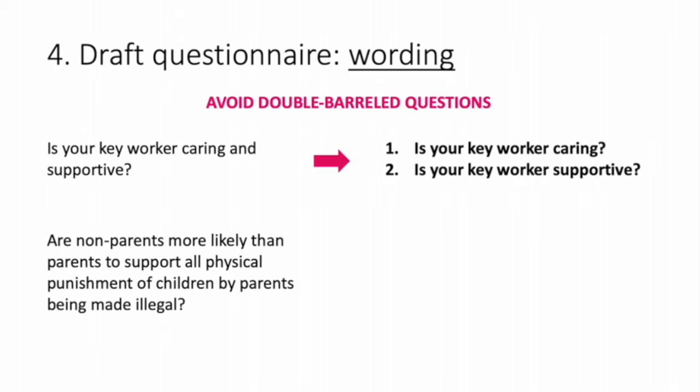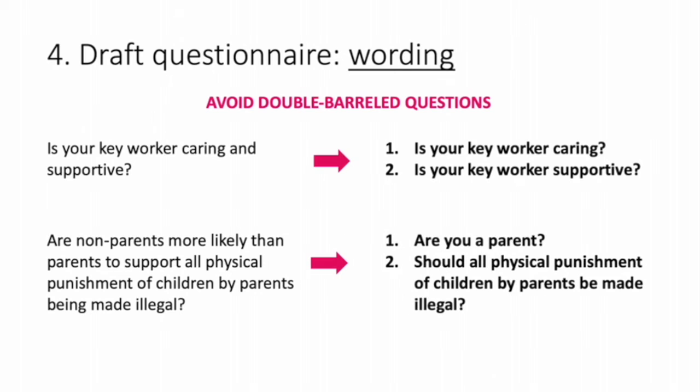Similarly, the next one is, are non-parents more likely than parents to support all physical punishments of children by parents being made illegal? This is a very convoluted, complex question that needs to be broken down. So one way of doing it is by having, again, 2 questions. First one is, are you a parent? Yes or no?